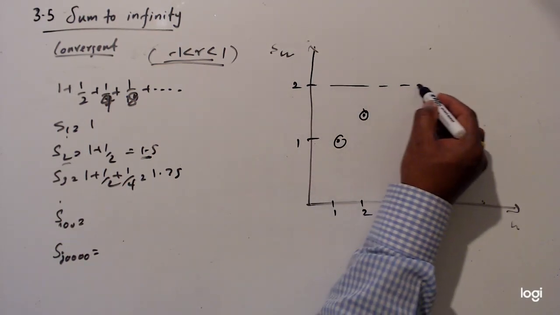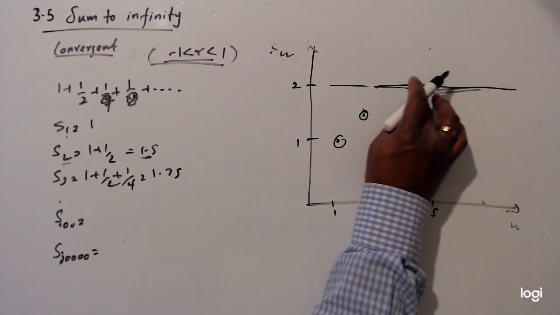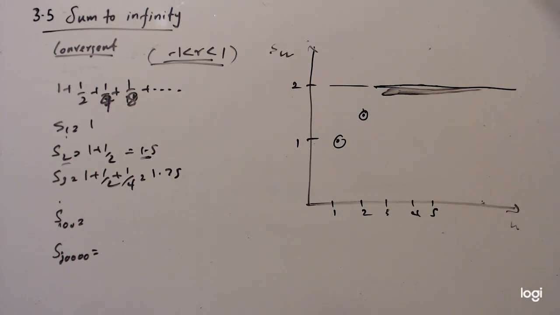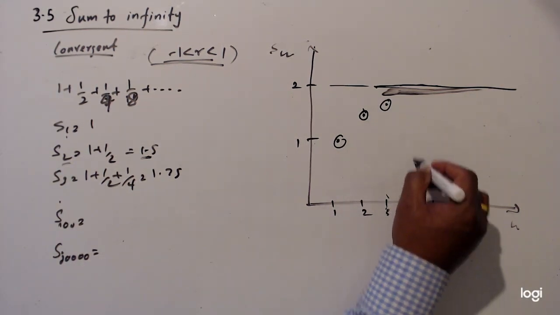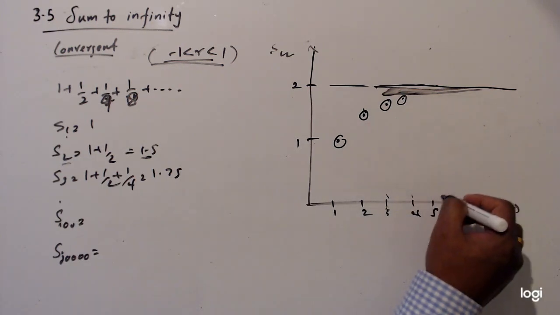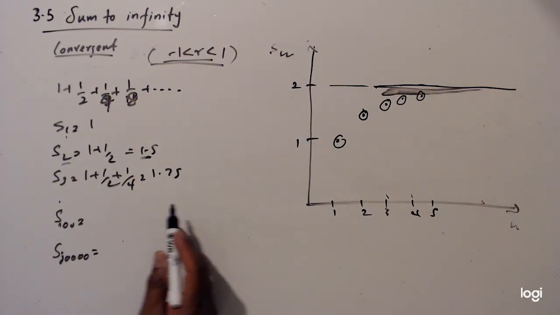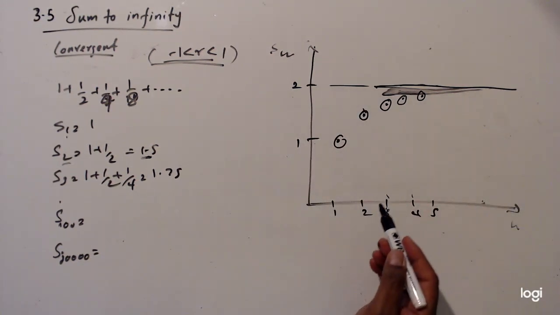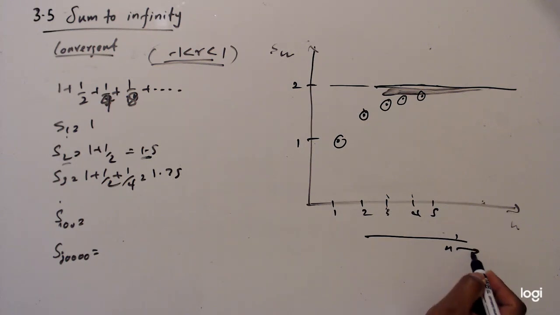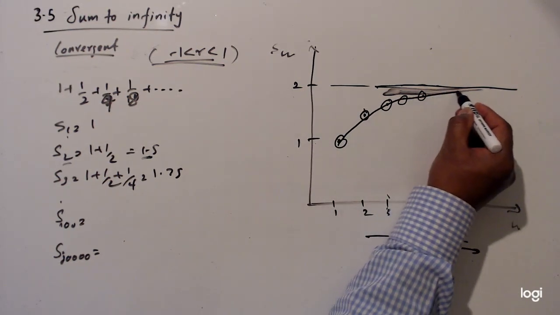So this is the Sn equal 2 line. And 3, that is 1.75. And 4 and 5. So basically, if you add like this, this value does not exceed 2. So when n goes to infinity, the Sn value is limiting to 2.